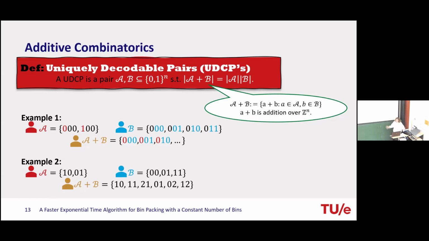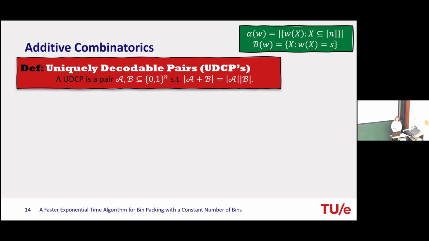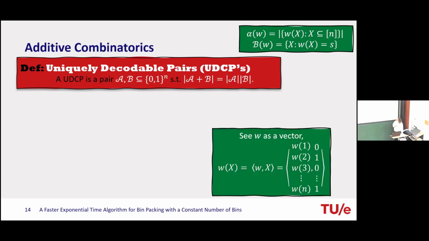So why am I going on about these uniquely decodable pairs? Well, I've been showing you uniquely decodable pairs from the beginning of this presentation. So let's look at why that is indeed the case. And before I show you this, I just quickly want to rephrase my weight function. Before I just said it like W of X, but I just want to see it as an inner product.